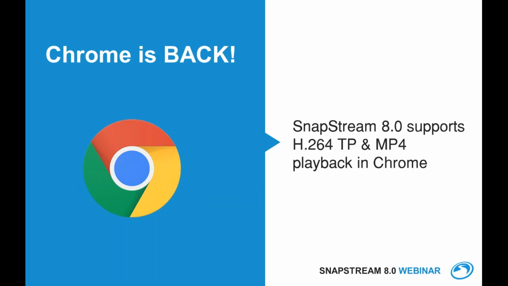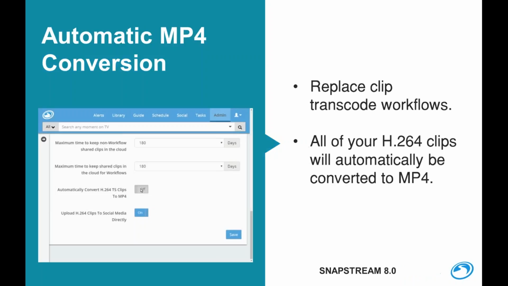We also have a really cool option with the new release. Many of you are doing H.264 transcodes on the clips that you're creating. That's one of the workflows that we see the most. We see a transcode workflow to transcode content from the MPEG to an MP4.